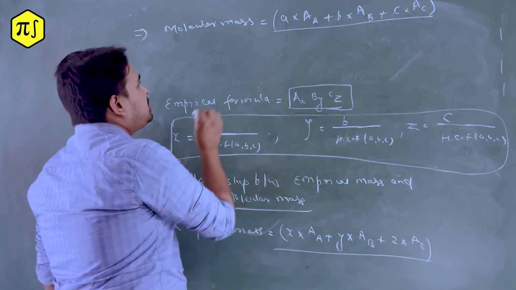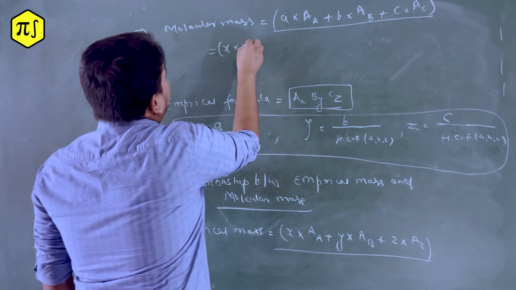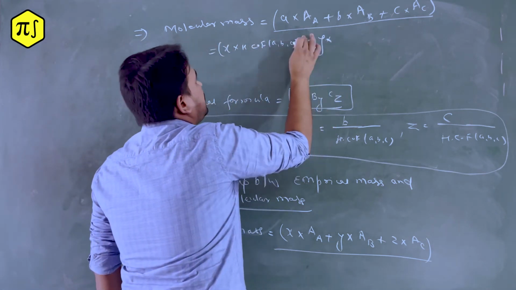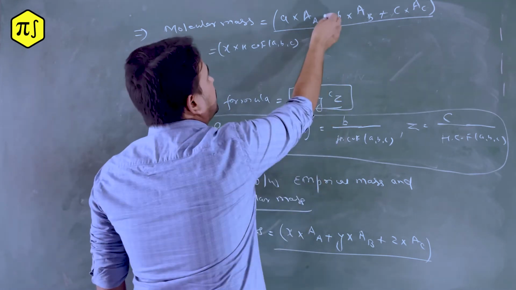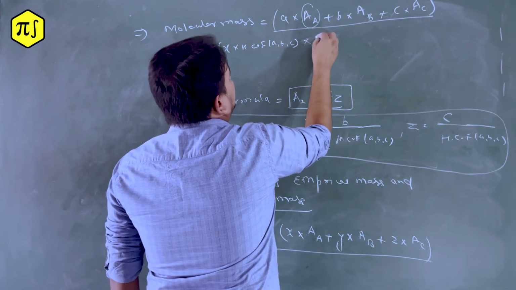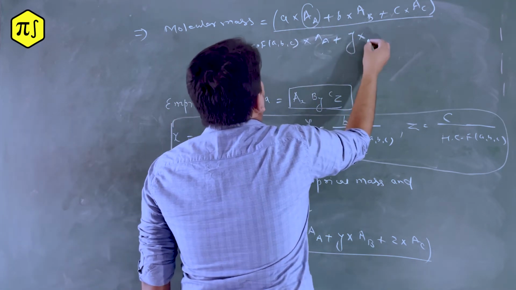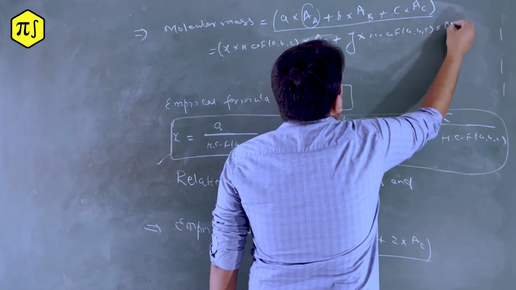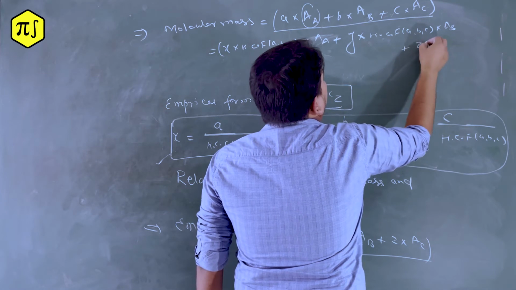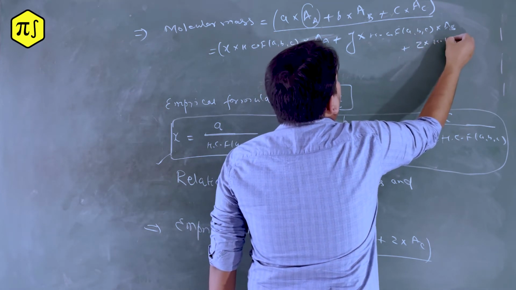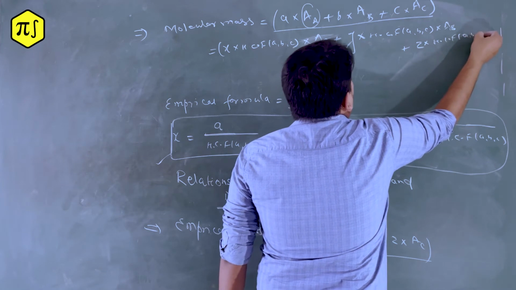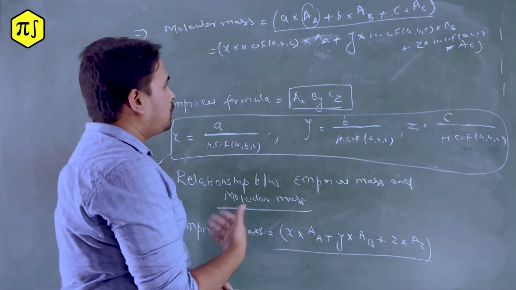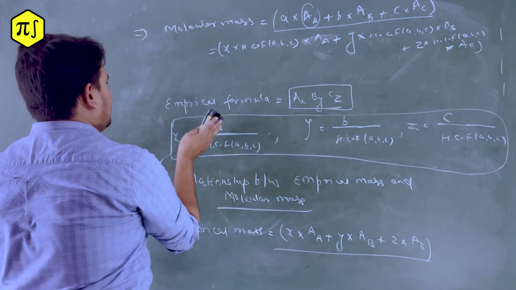The a value will be X into HCF, so we can say X into HCF of a, b, c, plus Y into HCF of a, b, c into AB, plus Z into HCF of a, b, c into AC, guys, right? Okay, so now one more step and we are done.